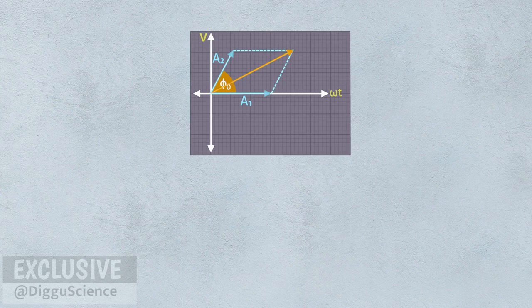This is phasor V3. Of course, this phasor has length A3, and its angle with the reference angle is beta. Therefore, the voltage V3 can be written as V3 equals A3 sine omega t plus beta. We'll find the values of A3 and beta through geometric analysis.